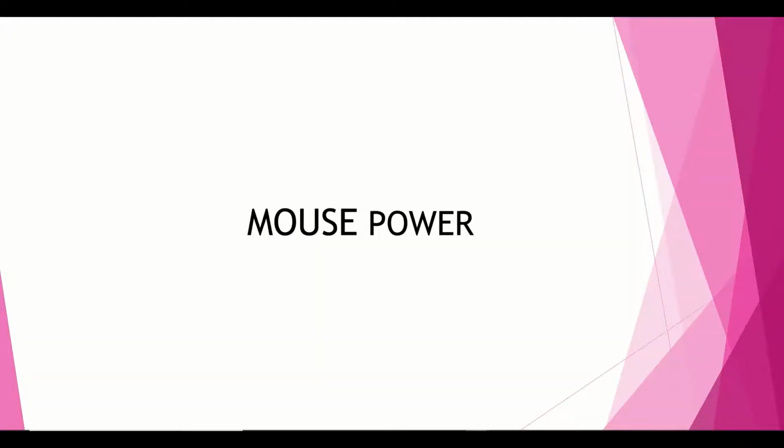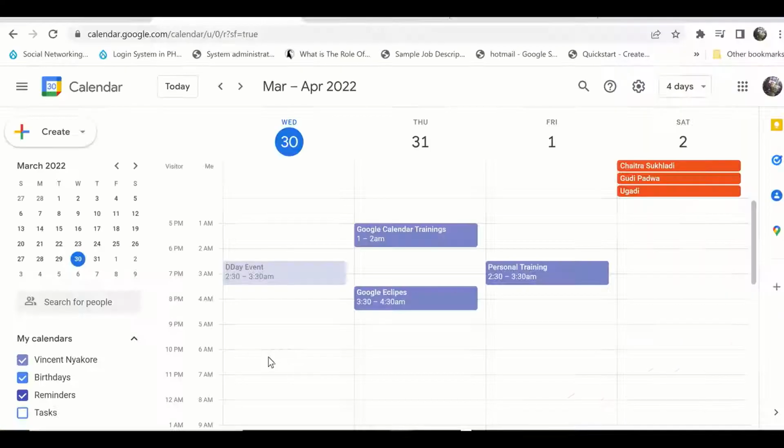Another thing to learn is how to use the mouse power. Using the mouse power on Google Calendar is very important, and let us look at how we can use it. The mouse power will help us to view three or four consecutive days.